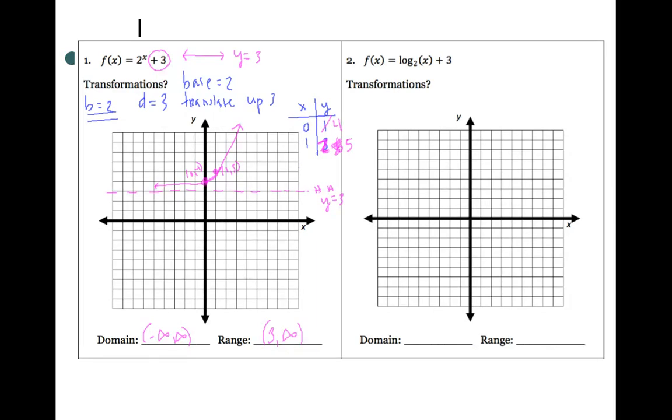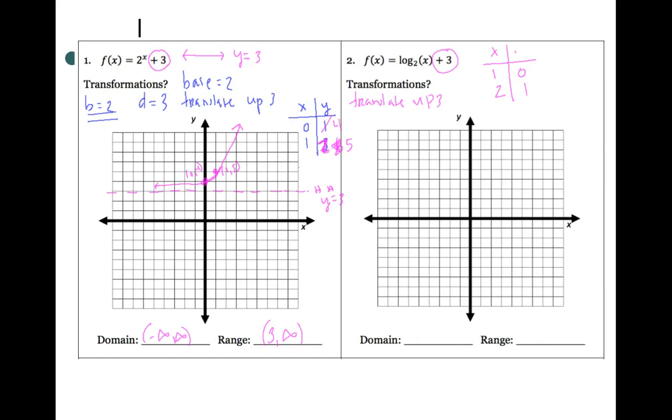Now that we have that, let's think about what happens over here. So it's not 0, 1, 1, b anymore. It's 1, 0, b, 1, right? The transformation is it's going to translate up 3, right?